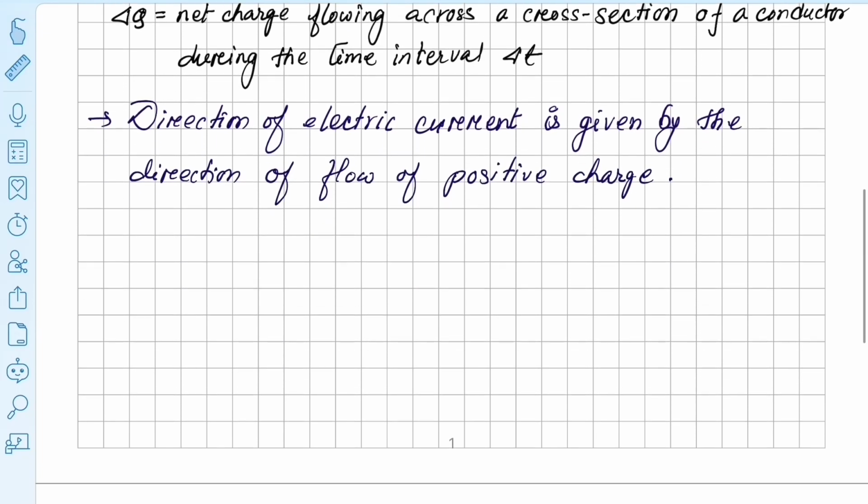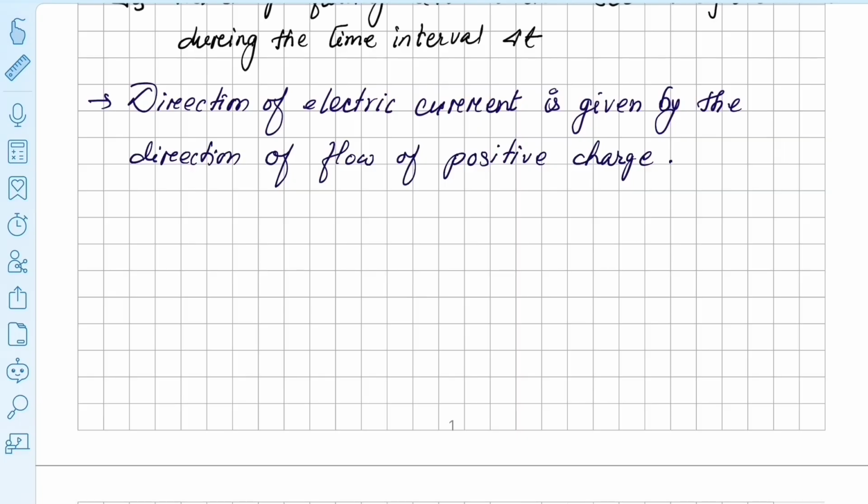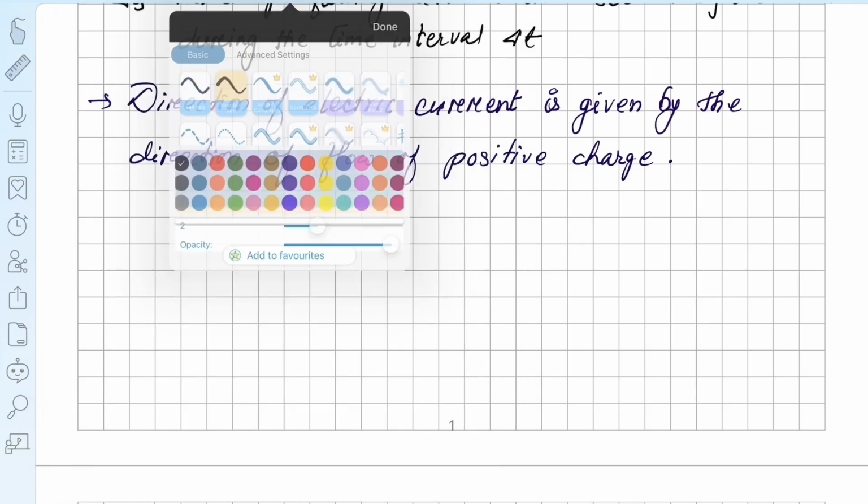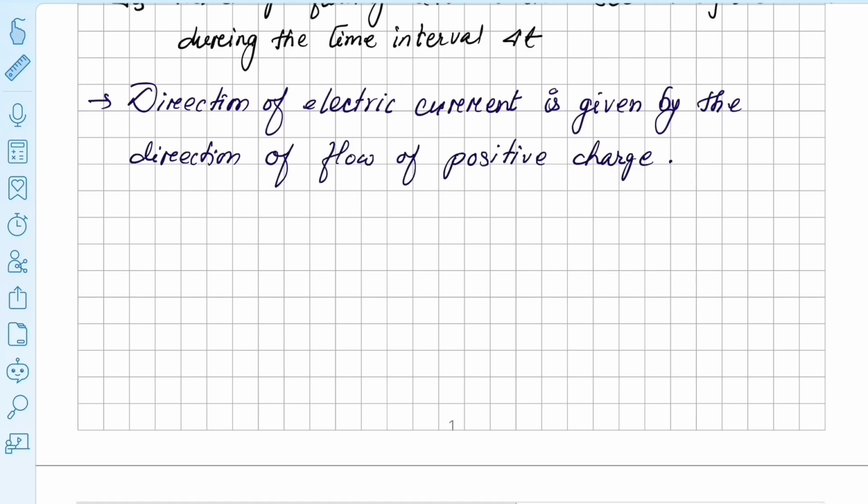Now let me scroll down this. Now you see, hope you know the SI unit of electric current is ampere, right?